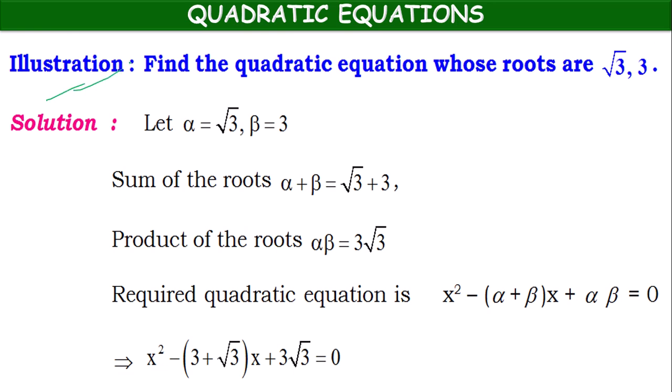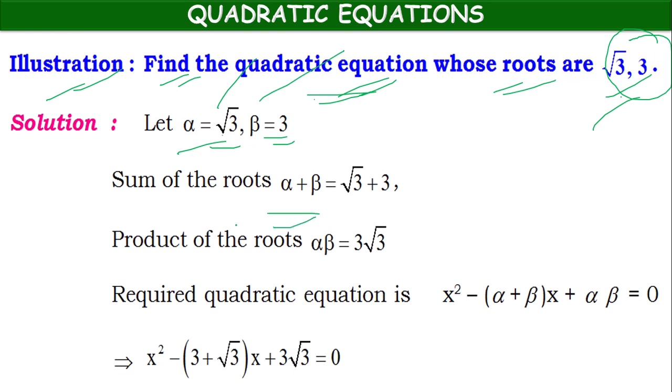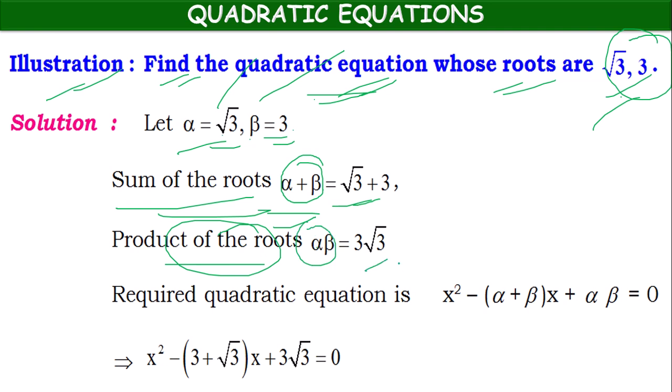Let's see the example, children. Find the quadratic equation whose roots are root 3 comma 3. So let alpha equal root 3, beta equal 3. Sum of roots alpha plus beta equals root 3 plus 3, product of roots alpha beta equals 3 root 3.